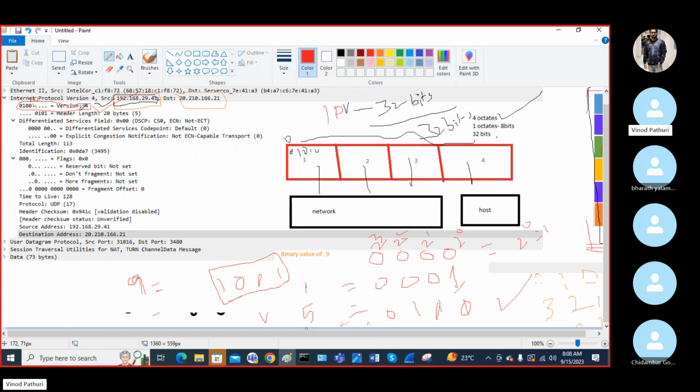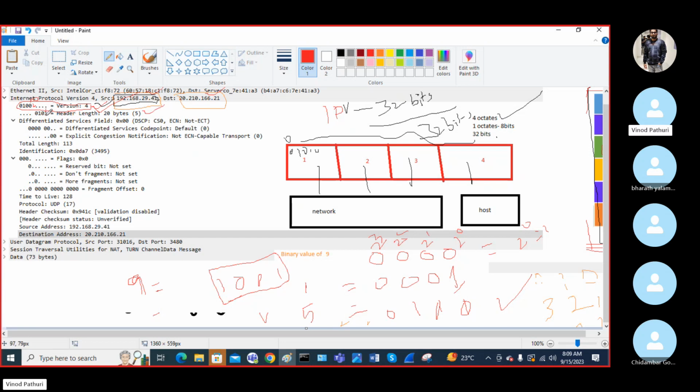So guys, whatever IP packet we discussed in the theory, I just captured on my laptop and I'm pasting that screenshot here. This is my source address and this is my destination address, and inside that we have all the information we discussed. We have the version, the header length.